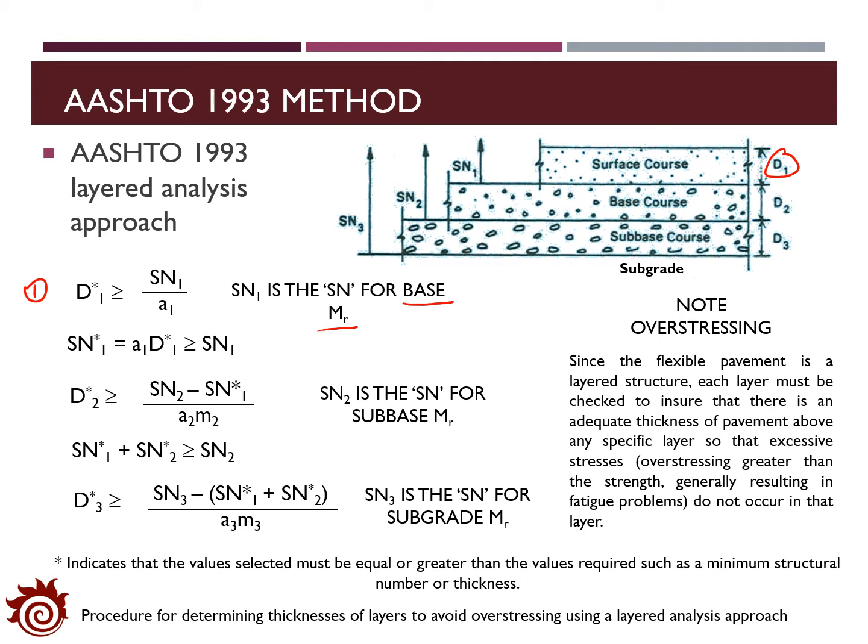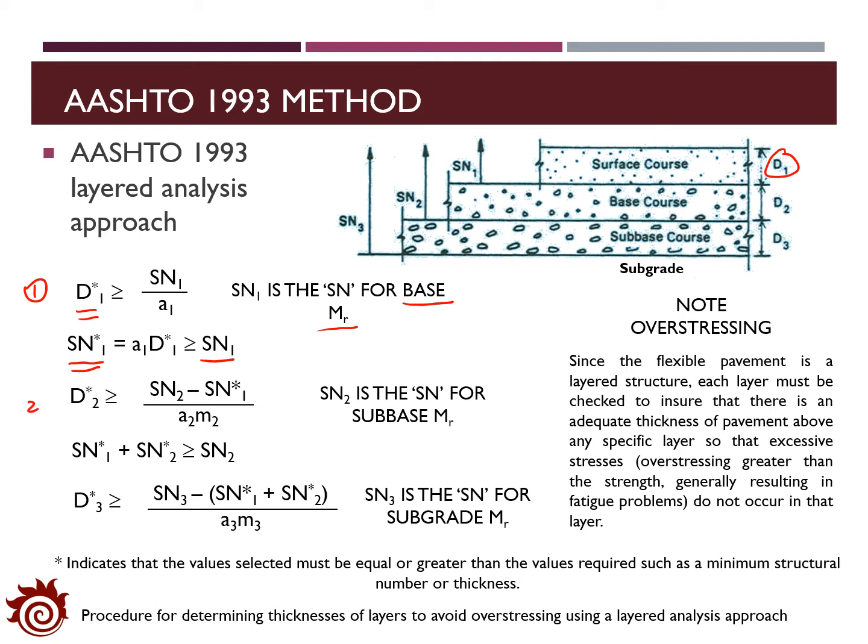And the value SN1 divided by A1 is actually the minimum thickness applied for the surface. With that, we need to select an appropriate value, D1 star, to satisfy this condition. And the product of A1 and D1 star is set as SN1 star, which is the actual designed structural number for the surface course. And it should always be higher than SN1 as what we estimated from the nomograph.